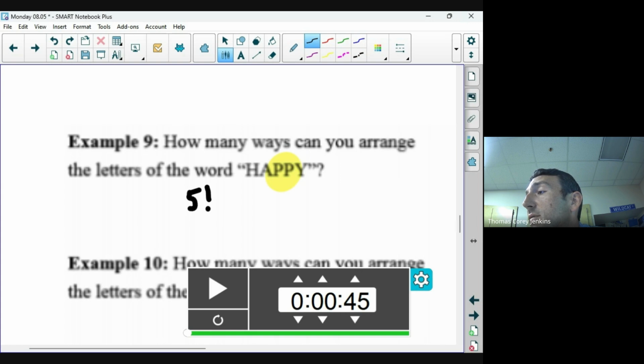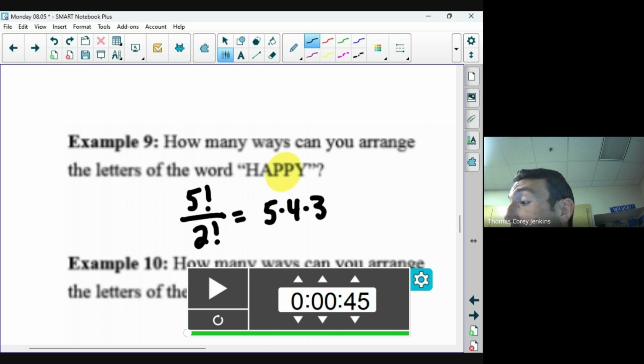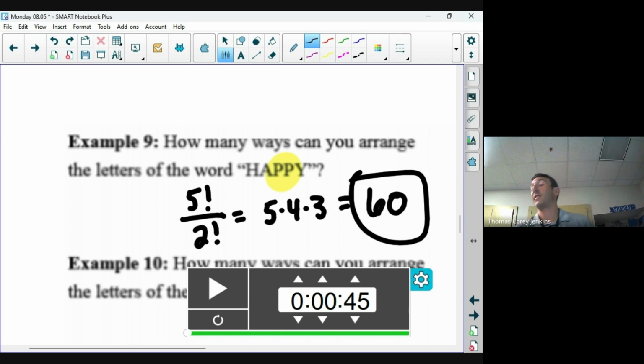So we're going to divide by how many repeated letters there are, factorial. So there are 2 repeated letters. So that's just going to be 5 times 4 times 3, and then the 2 factorials cancel out. So overall, that would just be 60. Whereas if I didn't have any repeats, it'd be 120. So it cuts it in half.